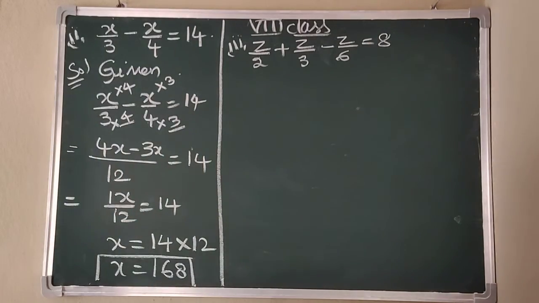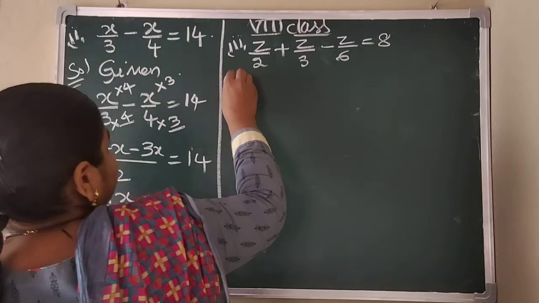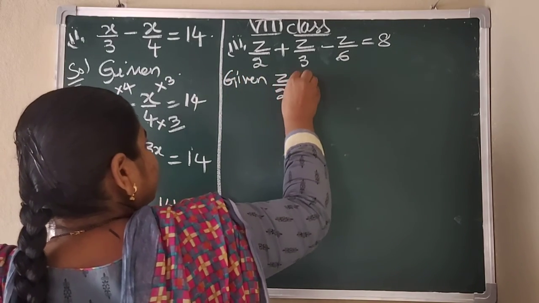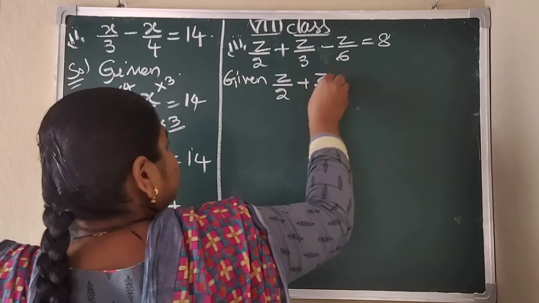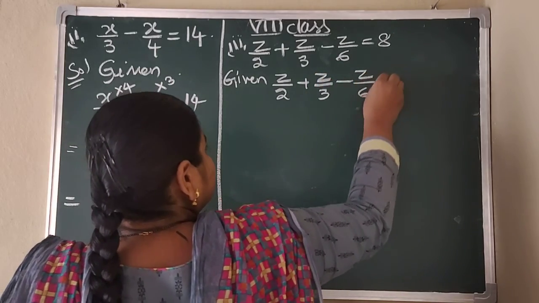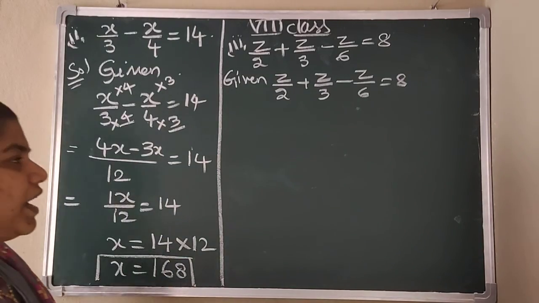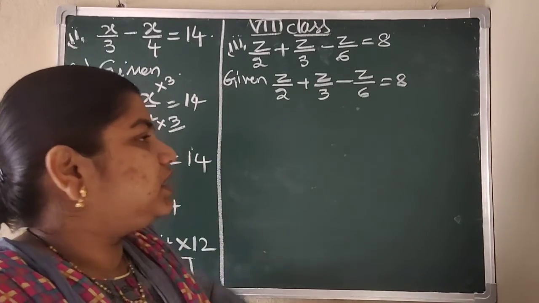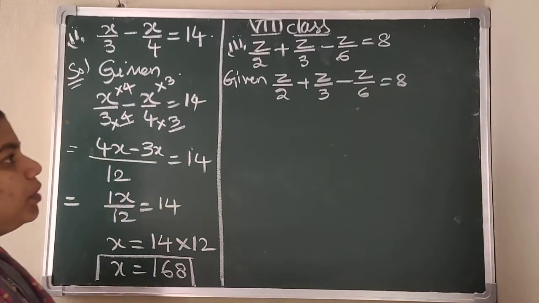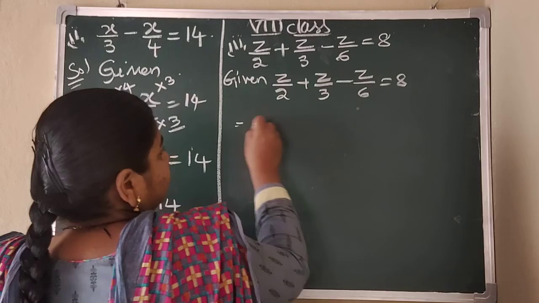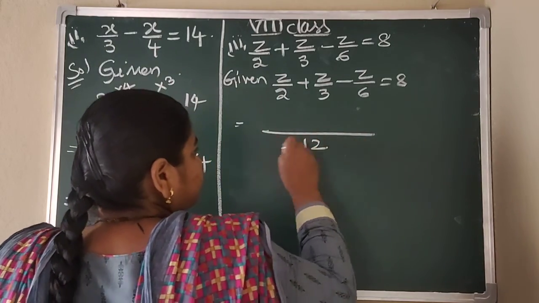Here we have to find the z value. First we have to take the LCM of 2, 3 and 6. What is a common multiple of 2, 3 and 6? That is 12. So here the LCM value will be 12.